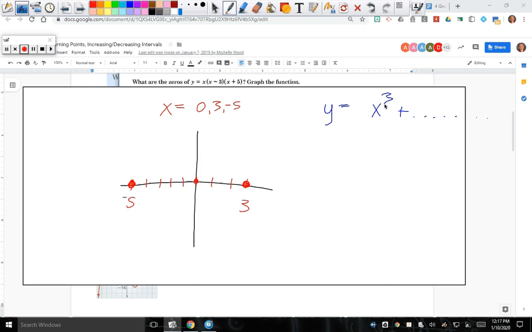No. Okay, some of you saw it, some of you didn't. Check this out. x to the 1, x minus 3 to the 1, x plus 5 to the 1. So the biggest thing this could be is x to the 1. The biggest thing the second parentheses could be is x to the 1. And the last thing can be x to the 1. And we are multiplying all of this, and we add the powers.